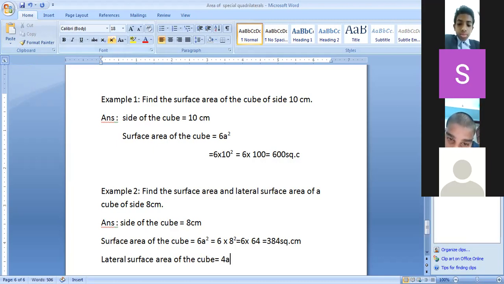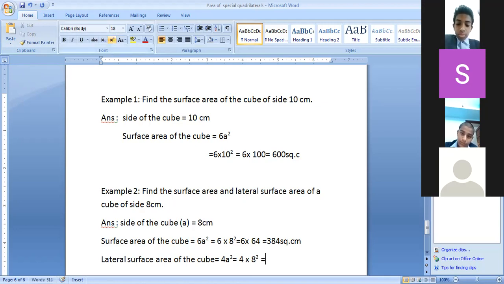4a square. Okay. What is a here? 8 centimeter. Yeah, 8 centimeter is a. So substitute, it will become, tell me. 4 into 8 square, 64.